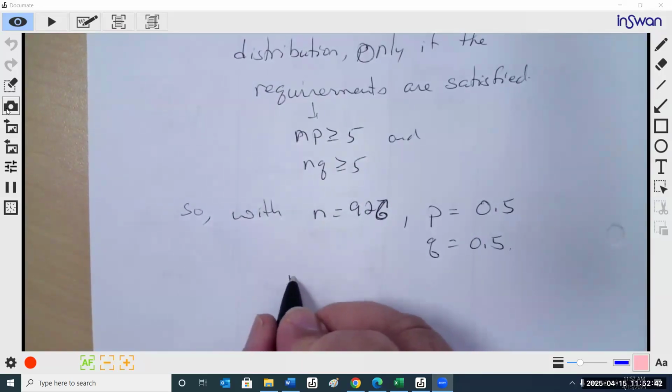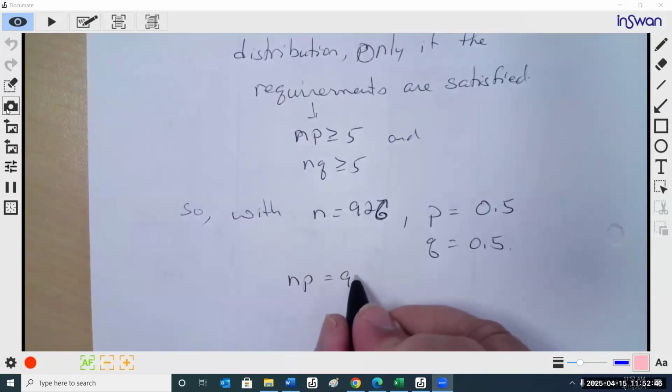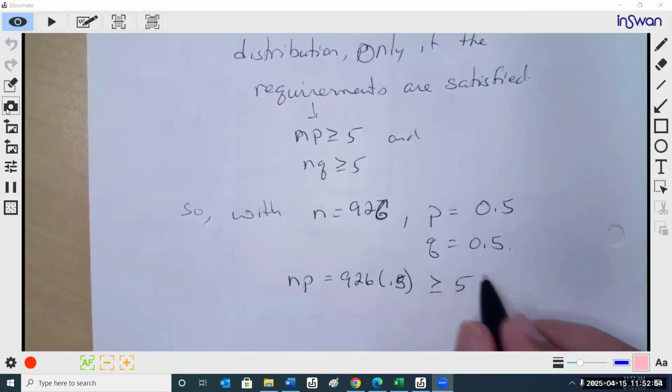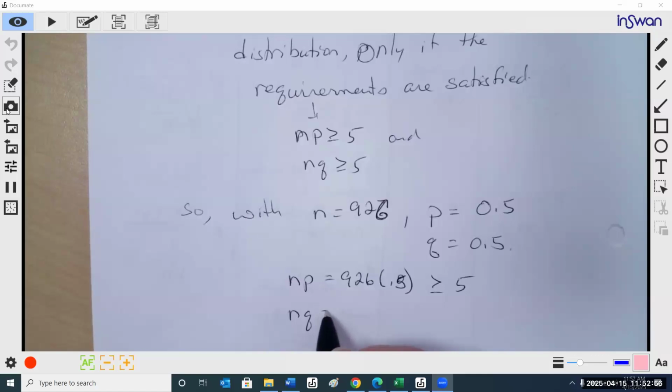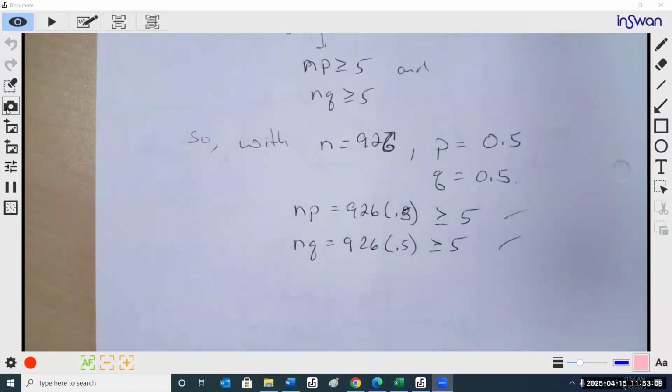Then n times p equals 926 times 0.5, which is greater than 5. n times q, 926 times 0.5, is also greater than 5. Now, because those conditions are met, we can go ahead and progress with that.